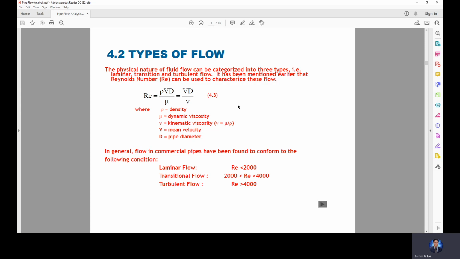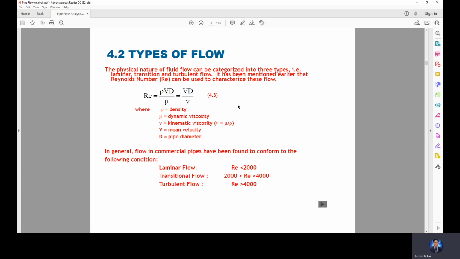So we have types of flow. As I mentioned in our previous discussion, it is important to know the type of flow because different equations or different approaches are used for different types of flow. There are 2 types of flow, or actually 3 with the transition in between, but generally 2: the laminar and the turbulent.